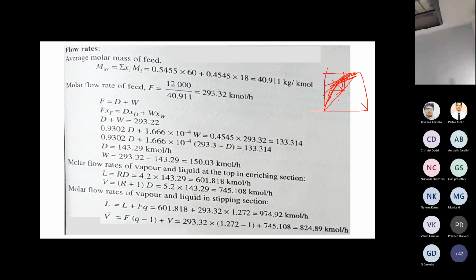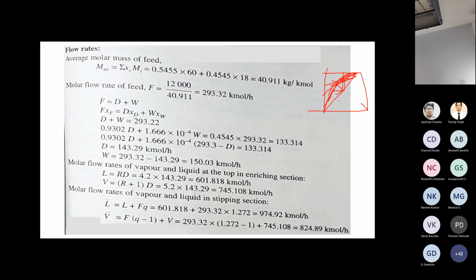Okay, so step by step construction. What is the meaning of this step by step construction? Why every time are you touching the equilibrium line and again coming to the operating line, again going to the equilibrium line? What is the reason? Each stage is in equilibrium, sir. Yeah, we assume that the vapor leaving a particular tray is in equilibrium with the liquid leaving that tray.